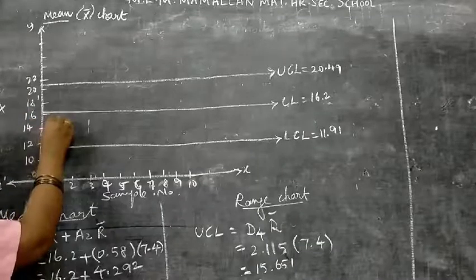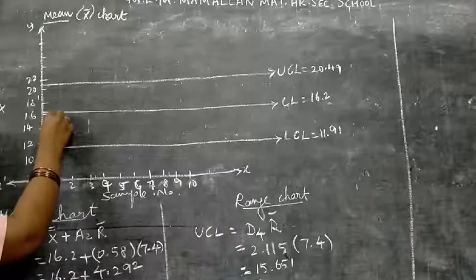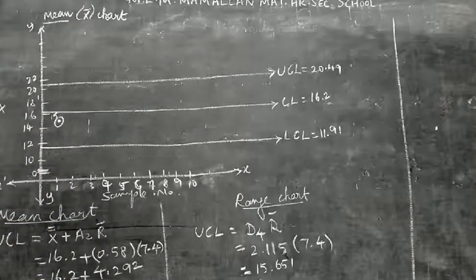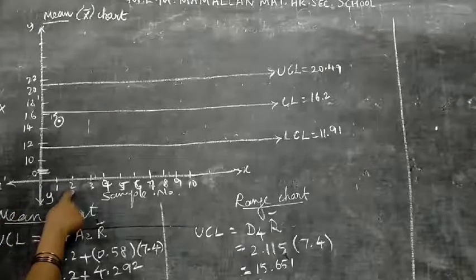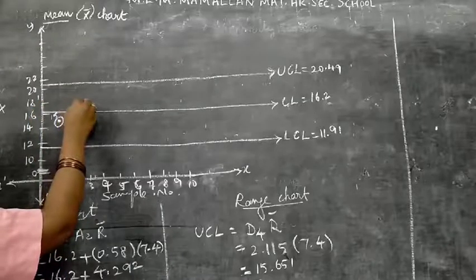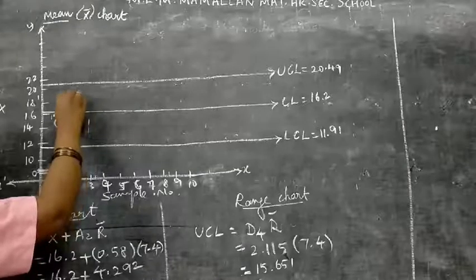Okay, for sample number 1, you should write it as 15. Put one circle, write the number 15. Okay, next is 17. In sample number 2, you are going to mark 17. 17 is the middle line between 16 and 18. Put one pointer, put one circle and write it as 17.